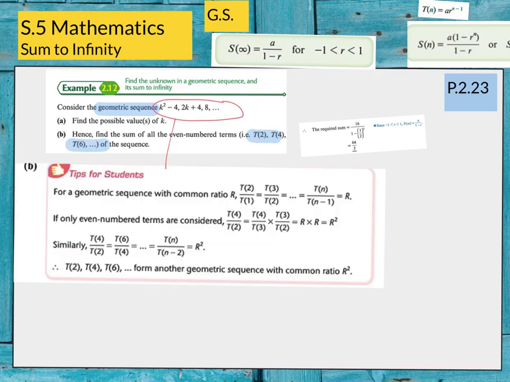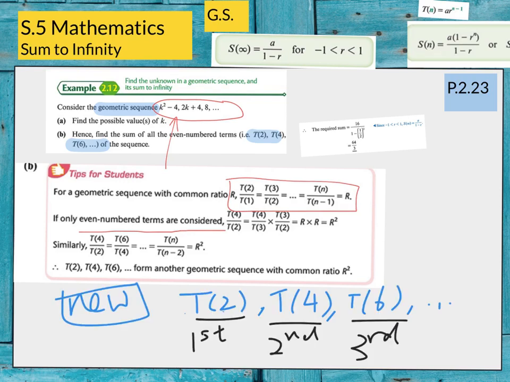The original sequence has common ratio R.